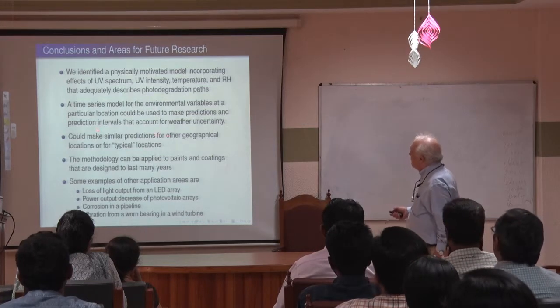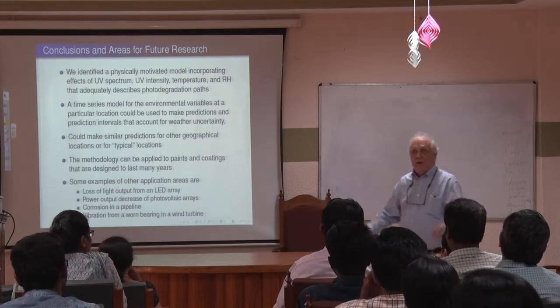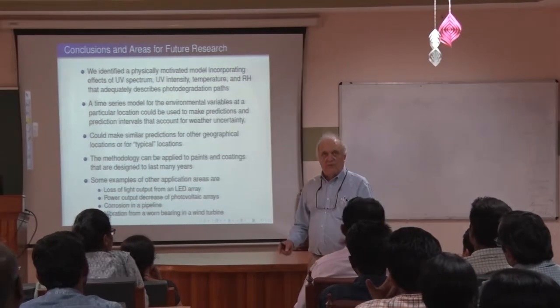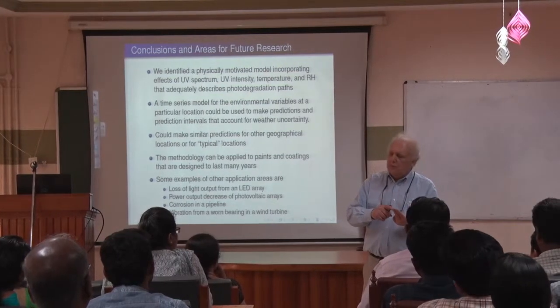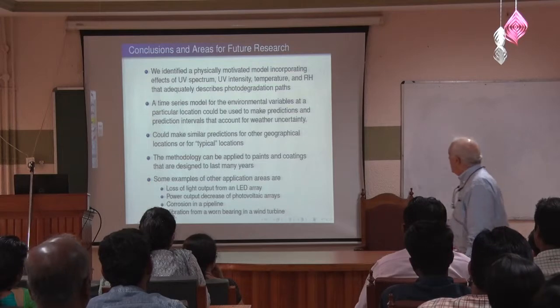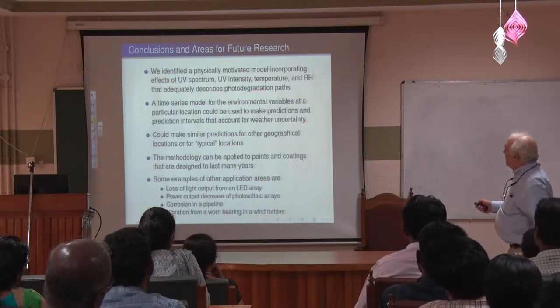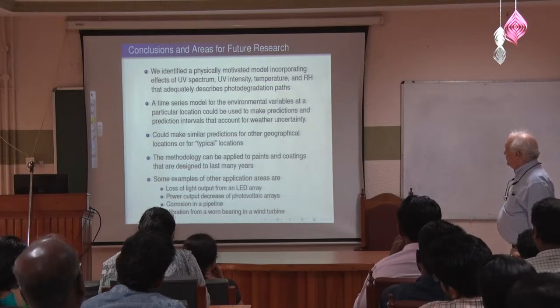Then we built a time series model for the weather. It was basically a multivariate time series for those 4 factors: UV spectrum, UV intensity, temperature, and humidity. And then we used that time series model to make predictions about what those units would do in the future.